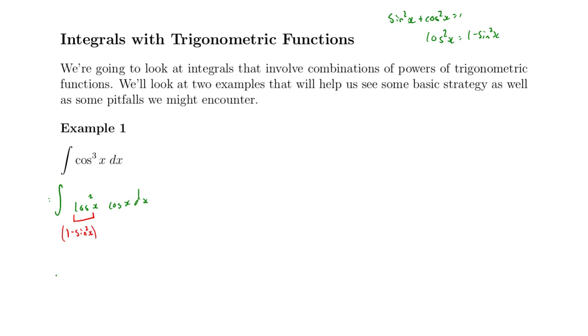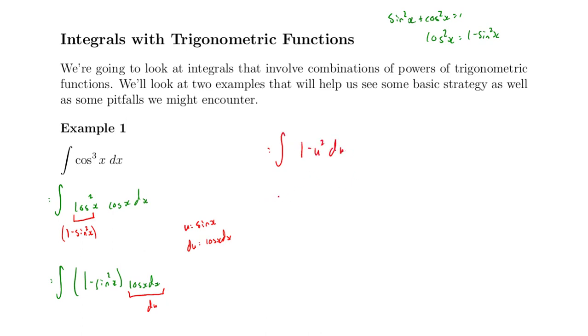Now our integral looks like 1 minus sine squared of x times cosine x dx. And this is actually set up to do a u substitution, but instead of picking cosine for u, we can pick sine of x for u, because the derivative is cosine of x dx right here. And then our integral really just turns into 1 minus u squared du.